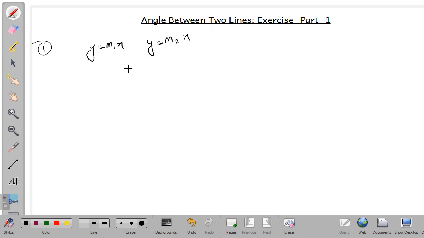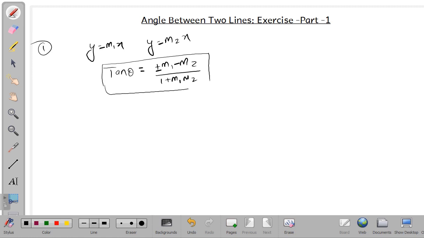In our previous videos we have already derived the formula: tan theta = plus minus (m1 minus m2) by (1 plus m1 m2). Let us just recall the formula for now, and I will teach you how to use it in the next video. This was the formula for finding the angle between the lines.